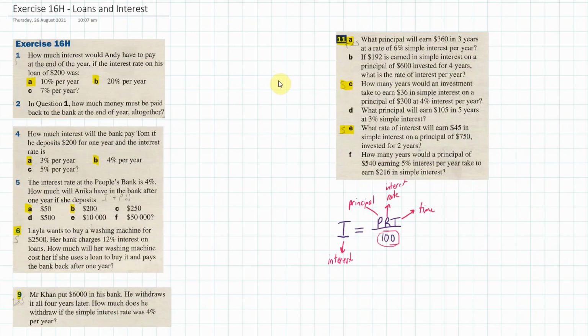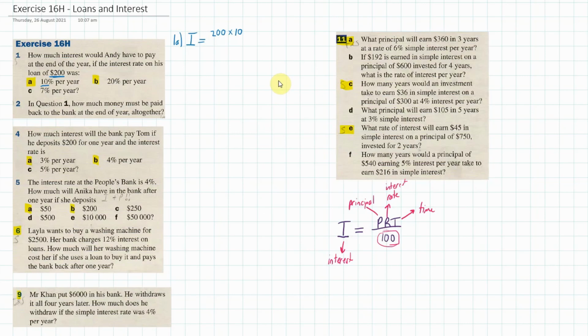So we've got this chap Andy, and he's got a loan of $200, and we want to know how much interest he would pay in a year. So for 1A, we're going to write I equals, now the principal in this case is the $200 that he's borrowed. So that's the P. The rate of interest is 10%. So we're going to go 10.